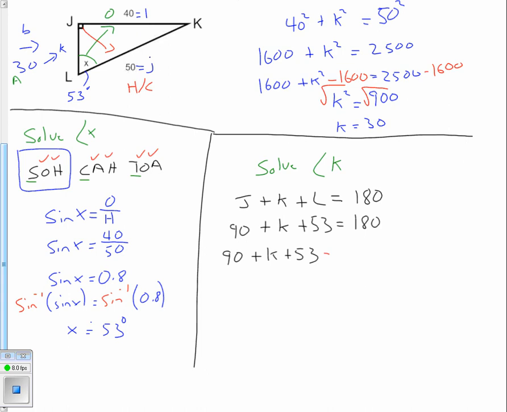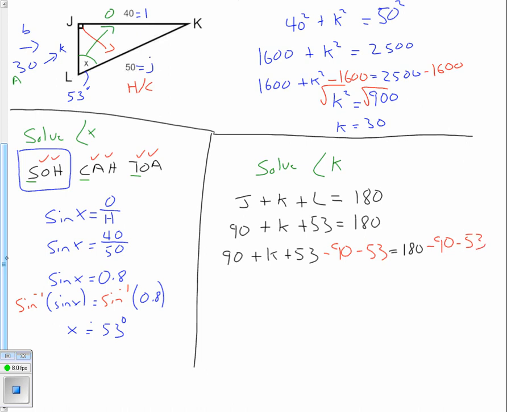I'm going to do my opposite operation. I'm going to subtract 90 and subtract 53 from the left-hand side of the equal sign. That's going to leave me with 180 minus 90 minus 53.